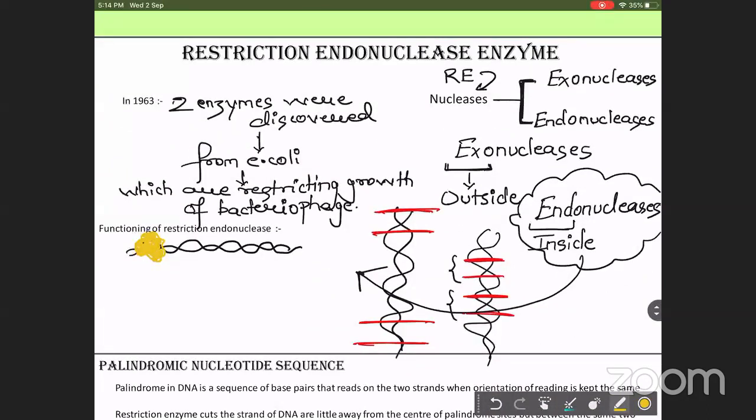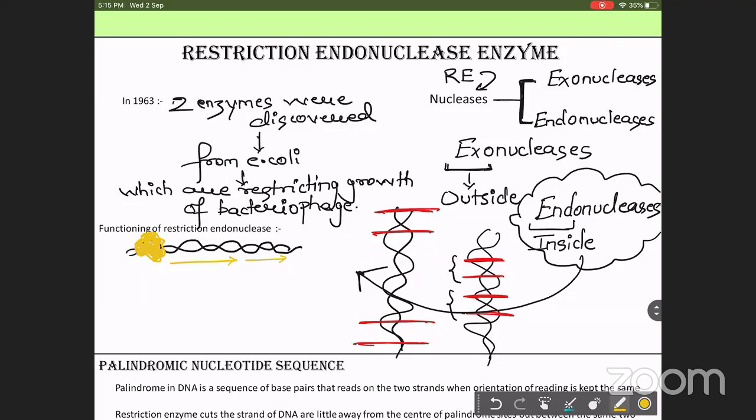It will inspect. I have already told you that endonucleases cut the DNA within, at a specific position. Means they are searching for the specific sequence, and that is what the inspection is. And why are the inspections done?